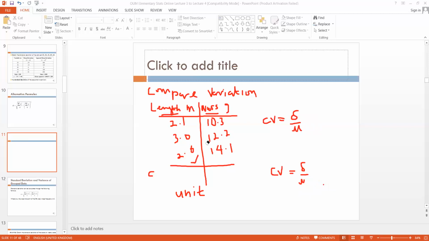Be quick with that. The screen will be off soon, so I'll have to log back in. That's why I'm saying copy the data and find it for me. So this is 2.1, 3.0, 2.6, and then for the mass, we have 10.3, 12.2, and 14.1.